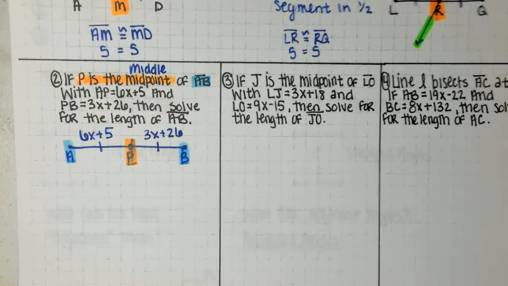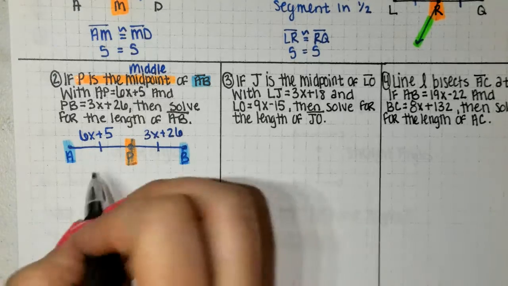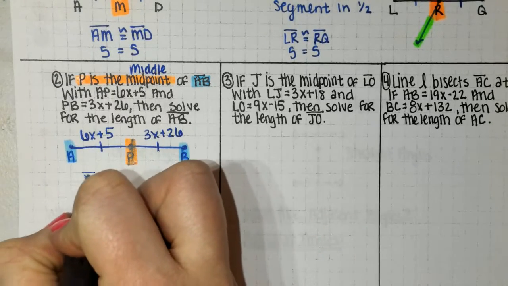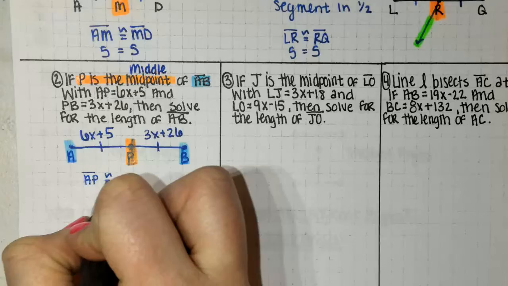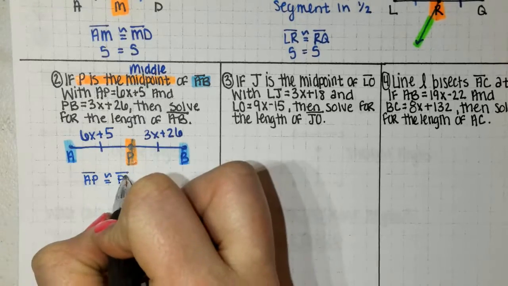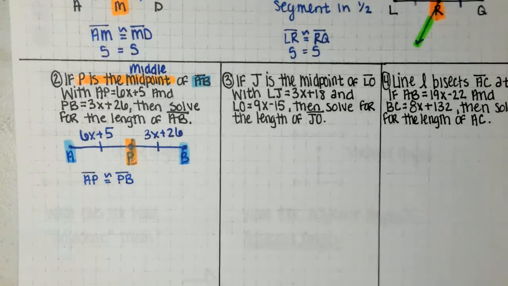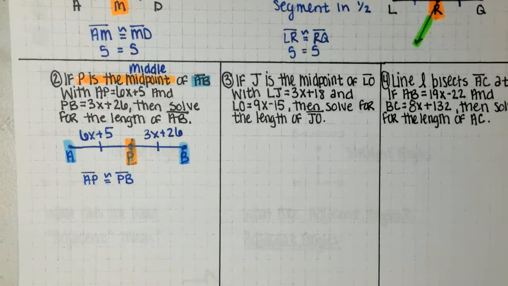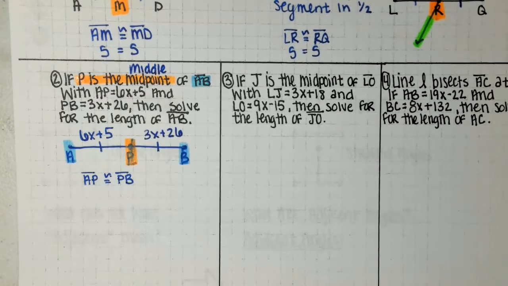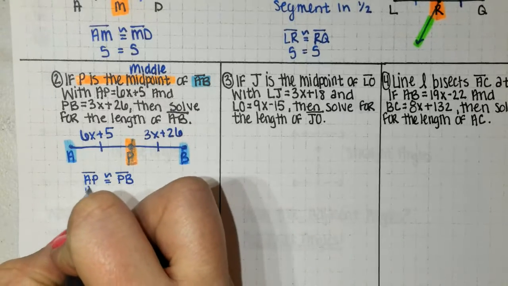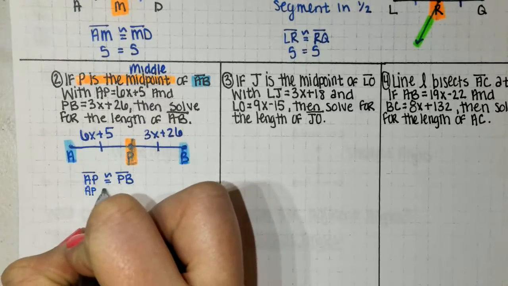So what that means is we want to set those pieces equal to each other. So the first thing we're going to do is set them congruent. Segment AP is congruent to segment PB. Now, before we put any values in there, in order to use an equation, we need an equal sign. So now we're going to change it to AP equals PB.